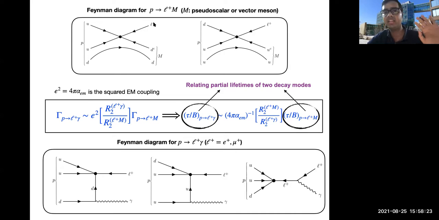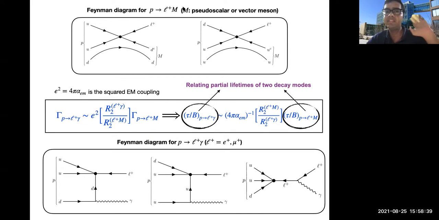So we are not predicting the decay rate or the partial lifetime of P goes to l plus M in any specific model from effective field theory or whatsoever. We are not doing any better job than a full UV complete model like SU(5) or something.